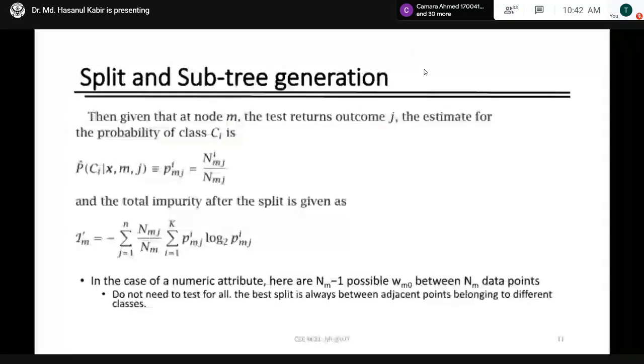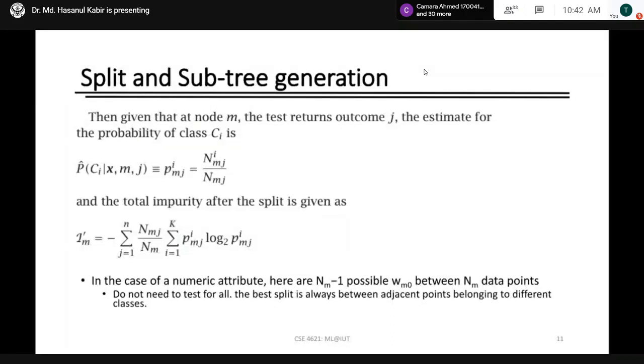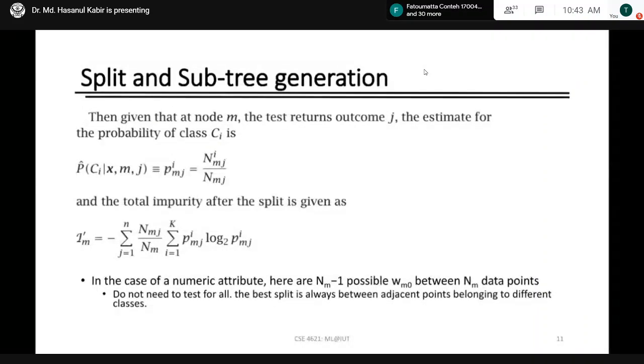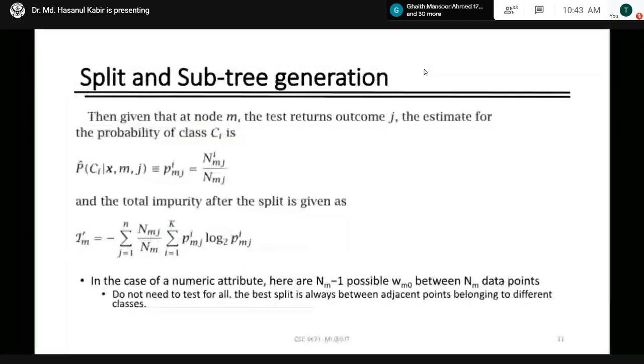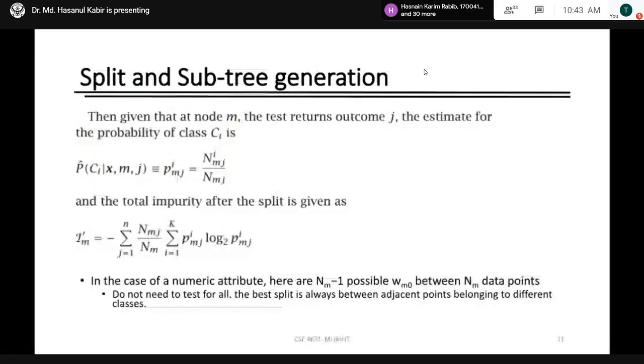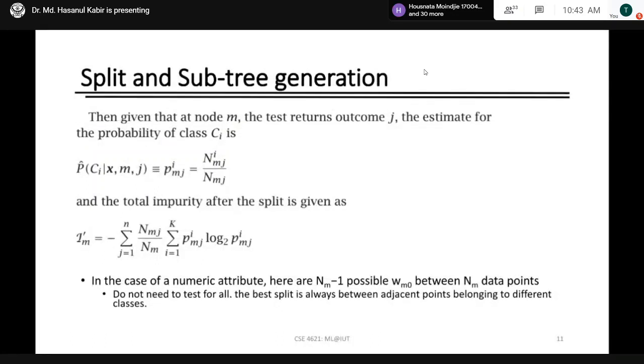If the color is red, then among n number of samples, some of them will go to the branch j equal to red. Some of the samples will go to the branch j equal to green.